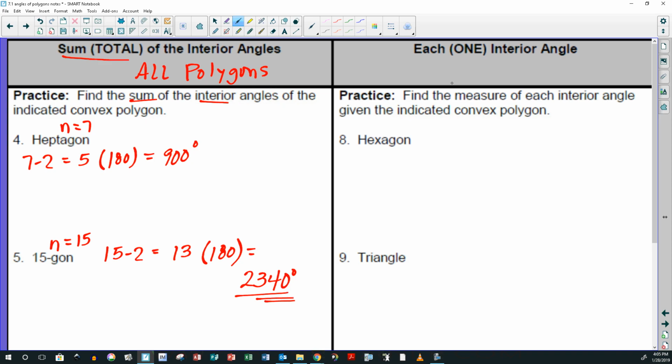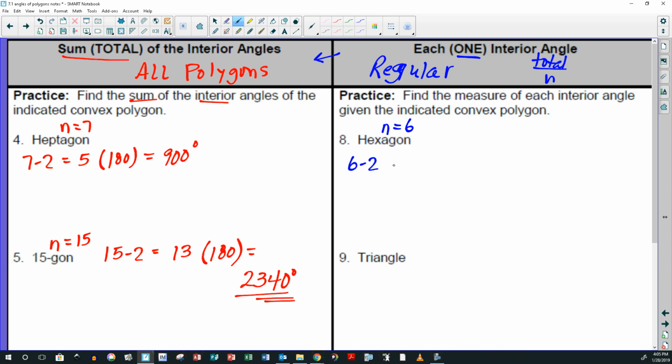Now, if I only want to find one, so just one, this only works on regular polygons, so it has to be regular. So first thing I have to do is find my total, which is this, and then divide by the number of sides. So a hexagon has 6 sides, so I need to find my total.